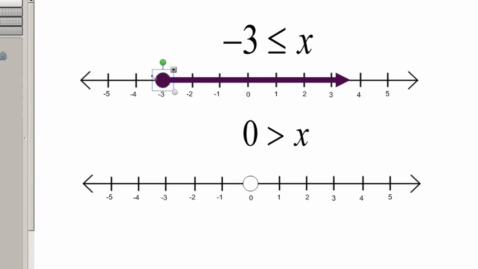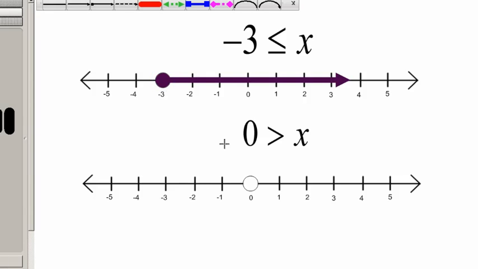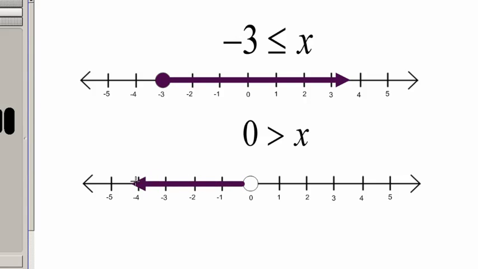This is a closed circle because negative 3 is a solution to this inequality. But here, 0 is not a solution. 0 is not greater than 0. So I'm not going to include 0. But am I going to include 1, 2, 3, and 4? No, 0 is not bigger than those. But I am going to include negative 1, negative 2, negative 3, negative 4, and all the numbers in between. And there you go.